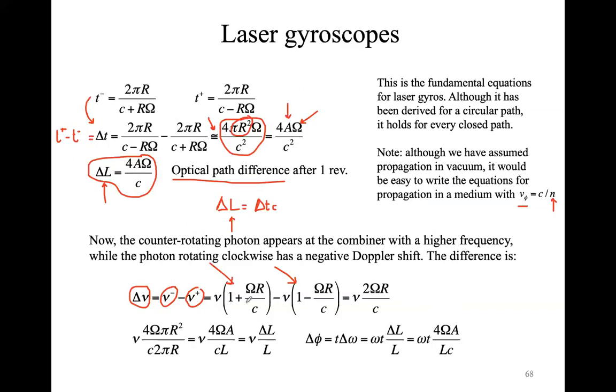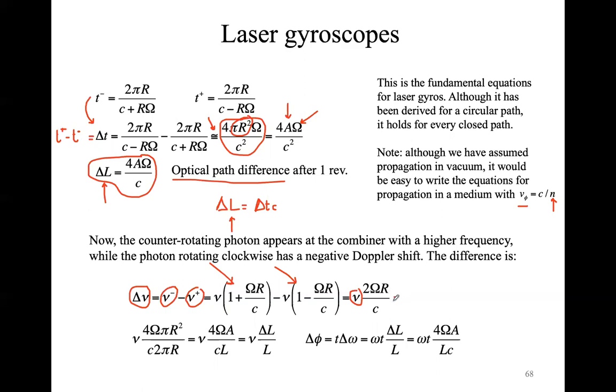If you make this form explicit, you can easily demonstrate that this delta nu is equal to the frequency of your beam, times 2 times omega r of the ring gyroscope, divided by the speed of light.